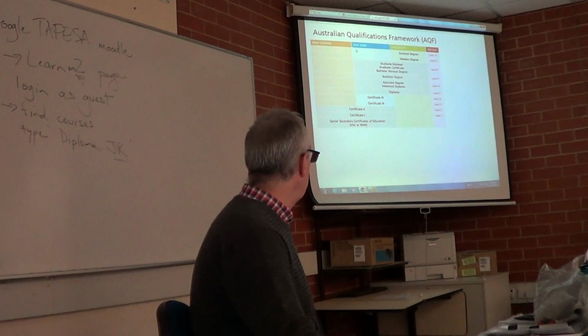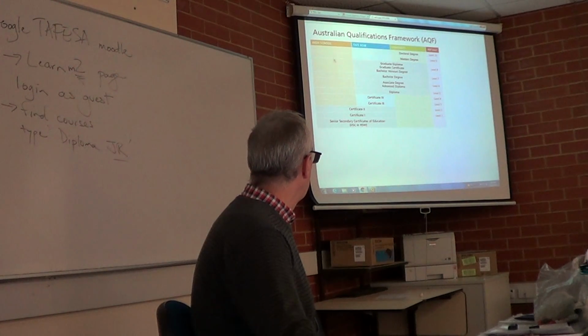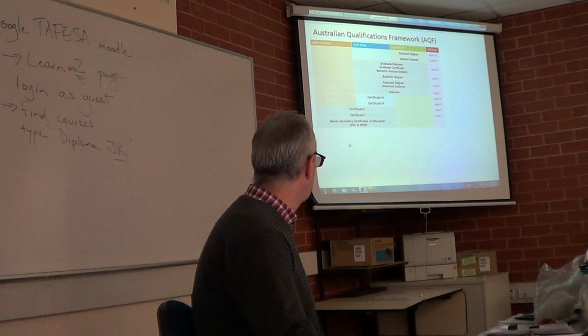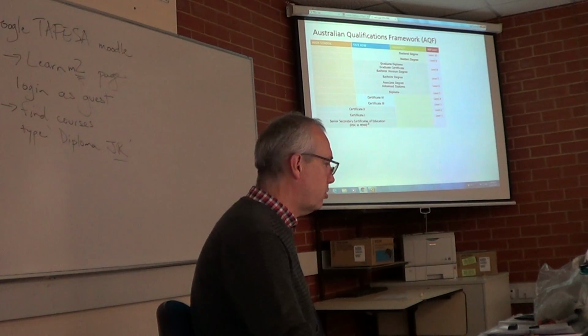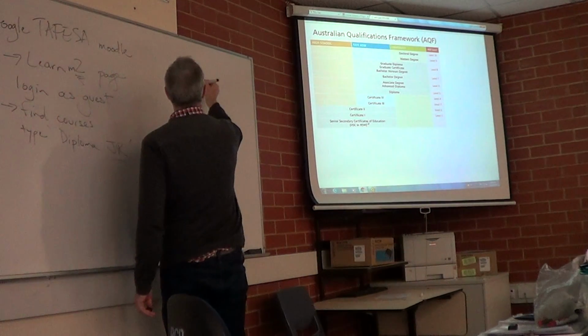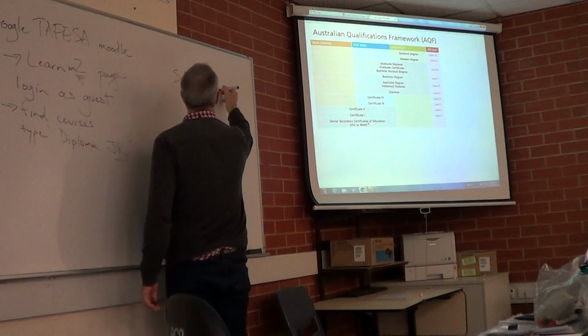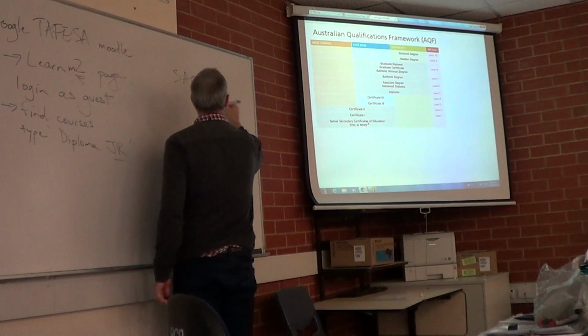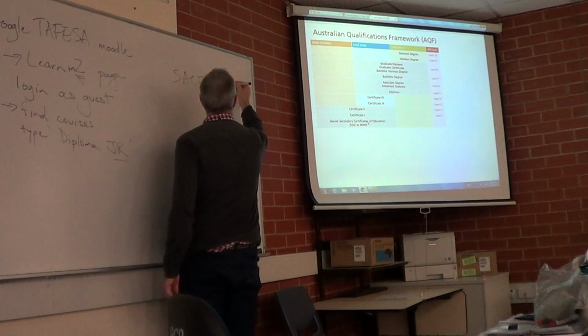Okay, so we've got 3 bands. High school, and in high school you get your senior secondary certificate, or here they call it, I've mentioned it before, SACE. SACE 1, SACE 2. So year 11, year 12.